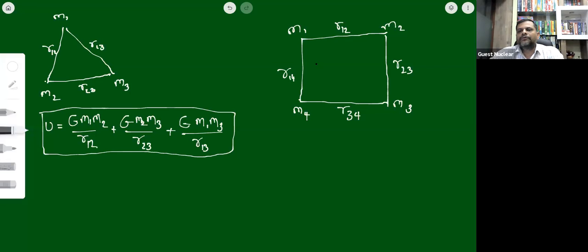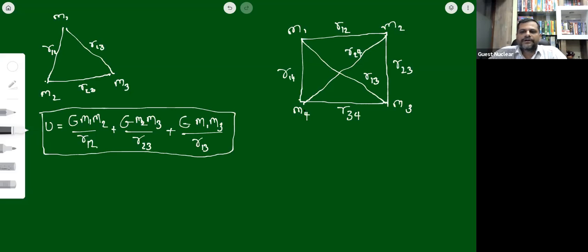R14. But don't forget that m1 और m3 इन दोनों के बीच में भी तो डिस्टेंस है कुछ, and that pair is also there actually. So this pair will have distance R13 in it, and this remaining pair, that is also we have to consider. The distance between that is R24. So all the pairs we have to consider here.